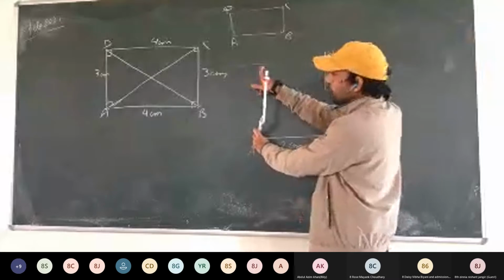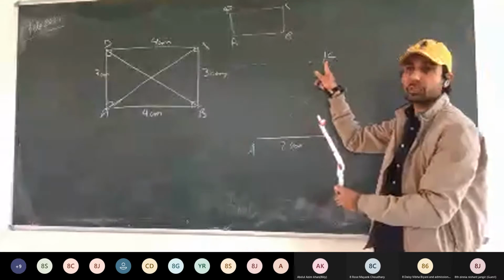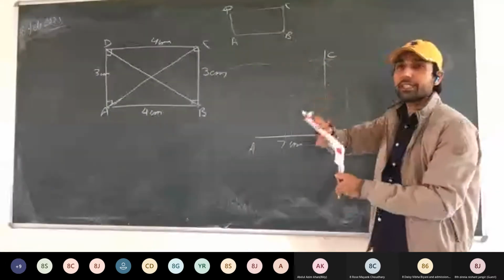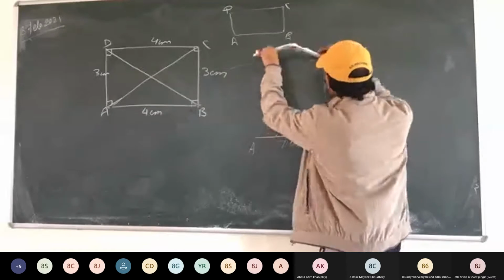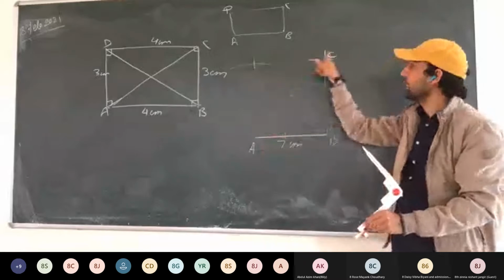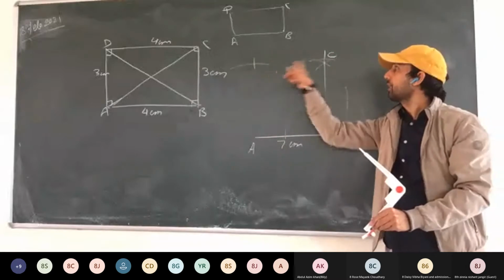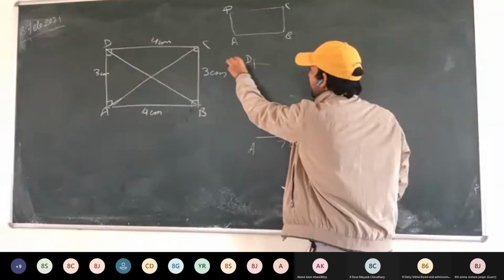So D will be lying somewhere on this arc. And how far does point D have to be from C? 7 centimeters. So again take 7 centimeters and we have got the D point. Now join D and A, D and C. You will get the rectangle.